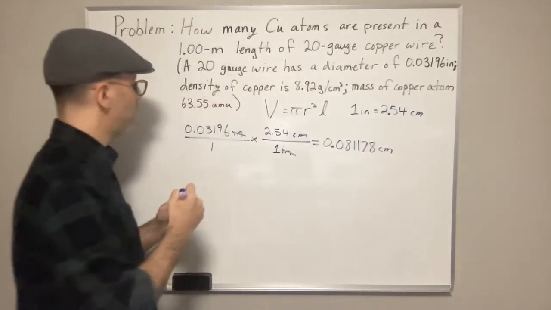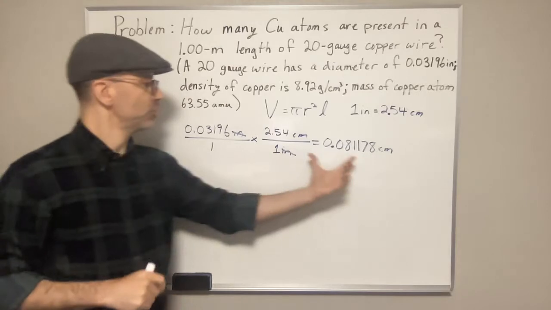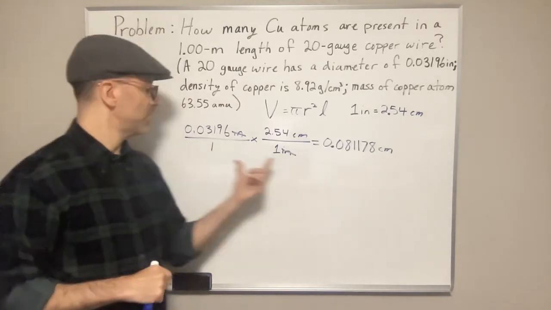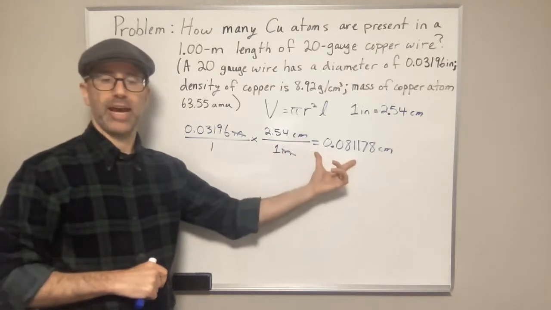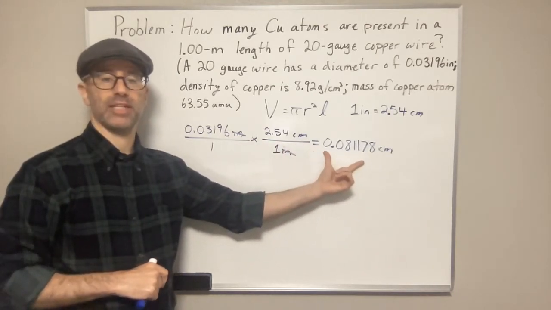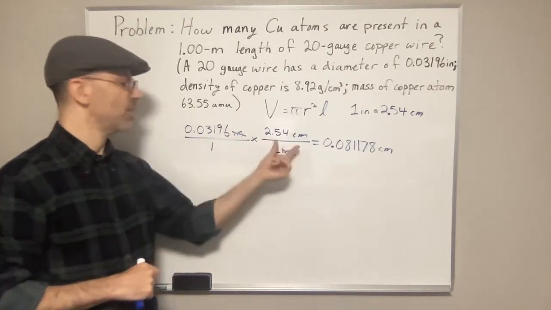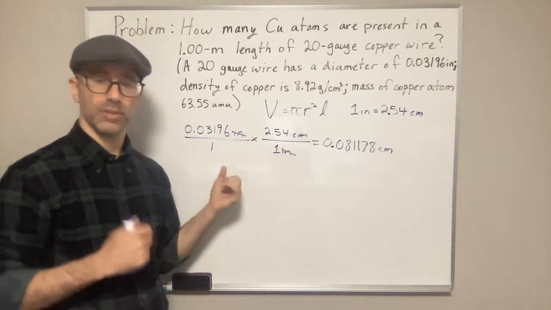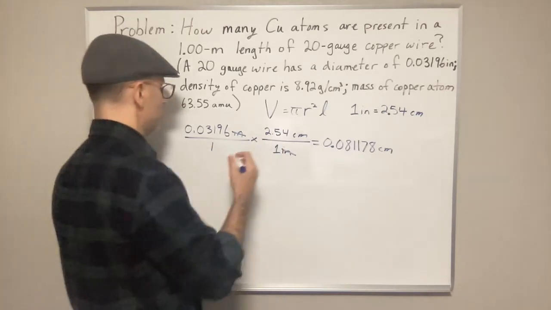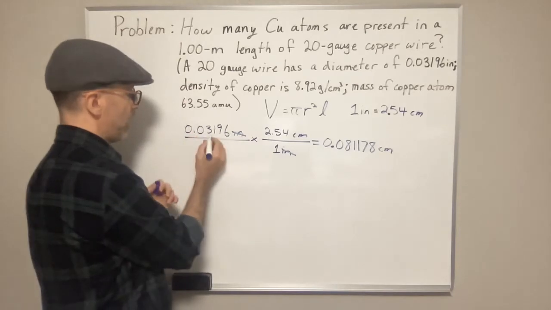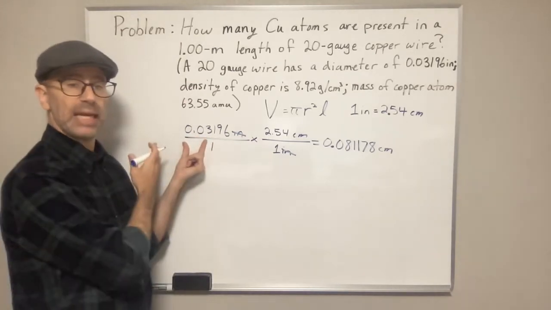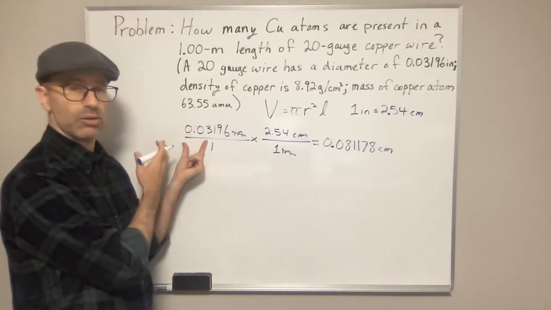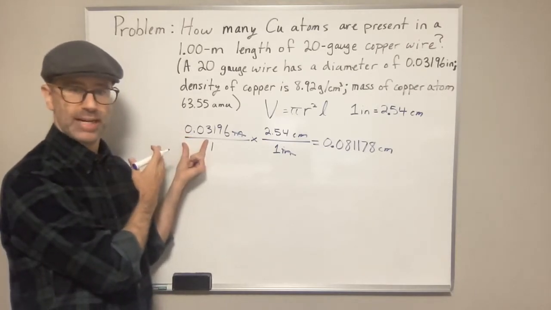Again, we want to make sure that we have the right number of sig figs here. When we're multiplying and dividing, the answer should have the same number of sig figs as the least number of sig figs in the numbers that you're multiplying. Here we have 1, 2, 3, 4, so this is 4 sig figs. The zeros at the beginning of a number, these leading zeros, are never significant, so we're not going to count them.